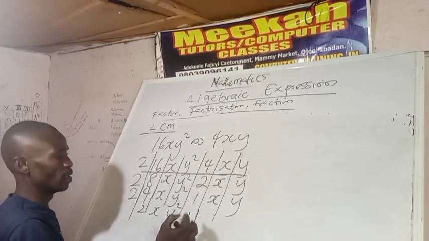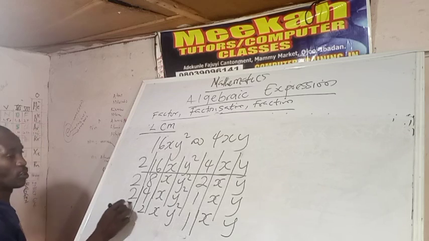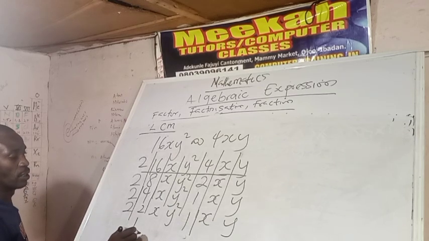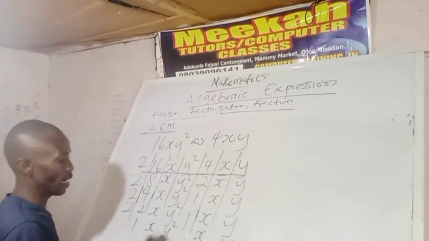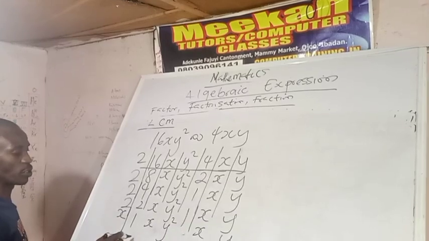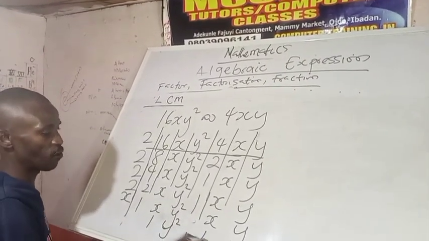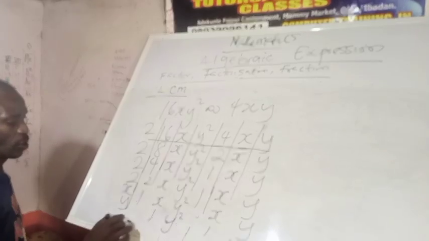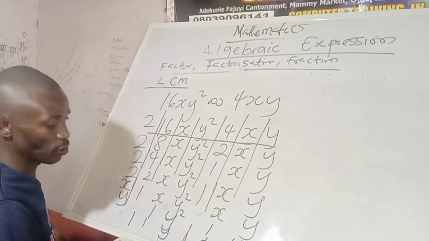1. 1 here, you have xy. Let's say again. 2 here, what do you have? 1. You have xy squared. Xy. Now, can I go with x? X here. When x goes here, what do you have? 1. You see, you have y squared, 1, and you have y. Then y can go here. 1, 1, you have y. 1, 1, and you also have 1.